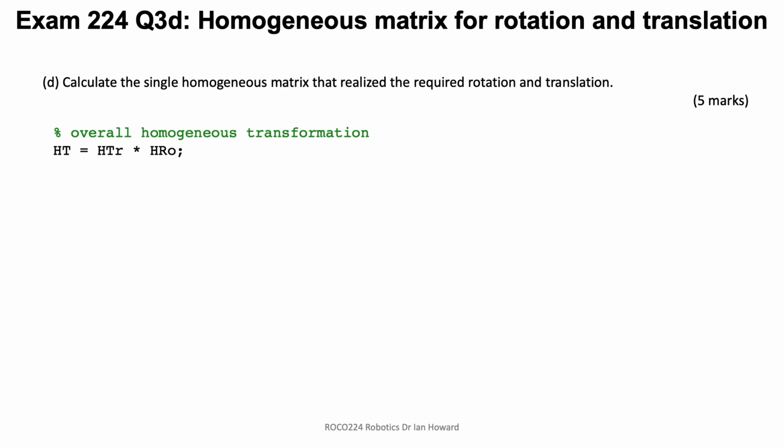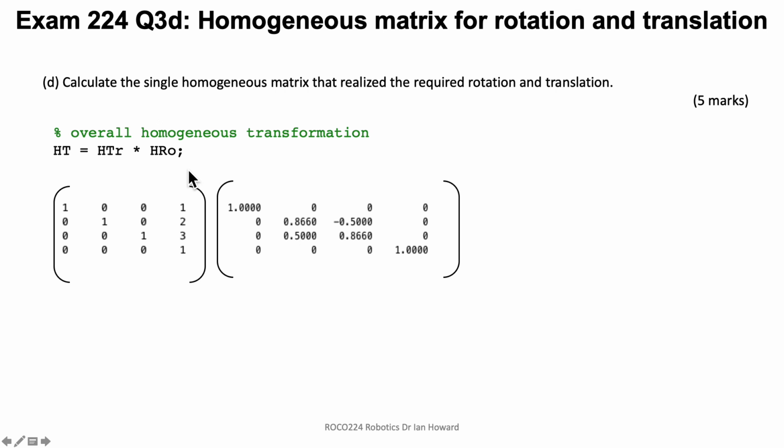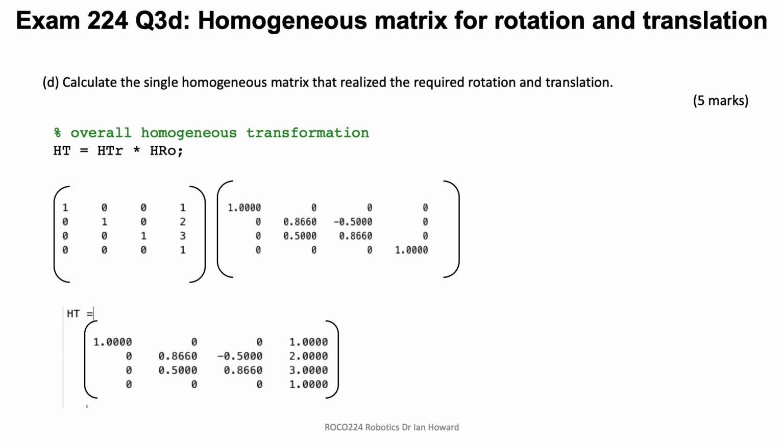Then we can build the single homogeneous transformation matrix that realizes the rotation followed by a translation. We can do that by multiplying them out: on the right-hand side we have the rotation and the translation after it. Or you can bear in mind that the homogeneous transformation matrix does things in that order.